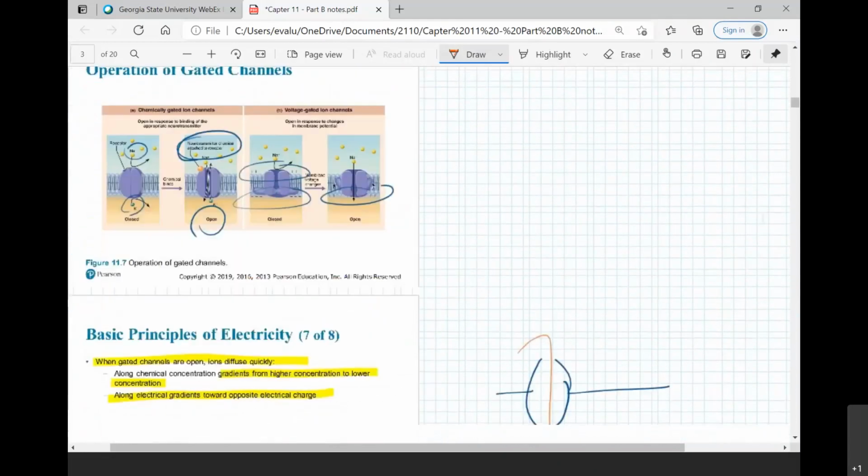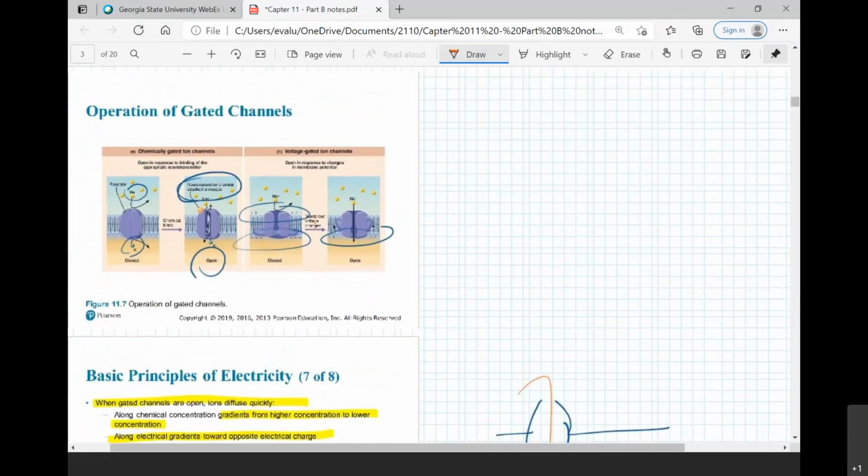Looking at these gated channels, the gated channels are opening because something is telling them to open. There's a key that opens it. When you have a chemically gated channel, a chemical is going to be opening it somehow. That could be sodium, that could be potassium, because those do fall into the chemical category of the ion.